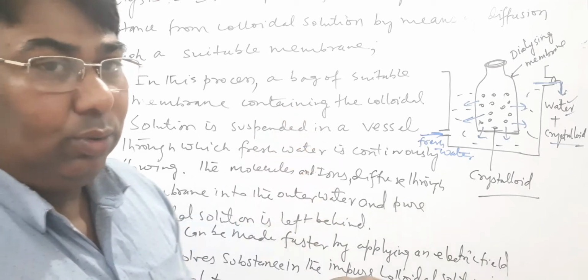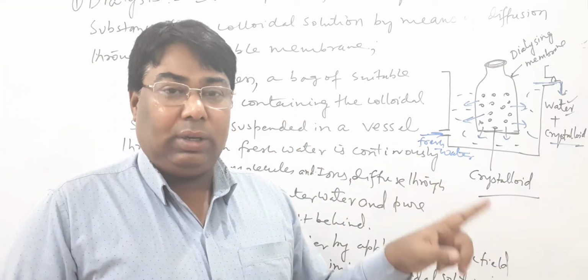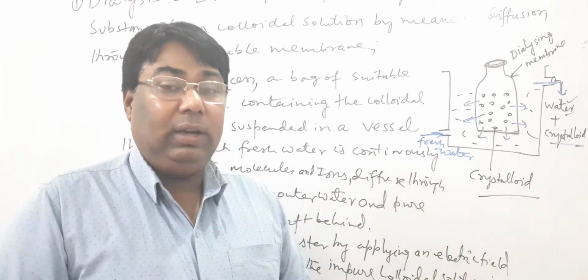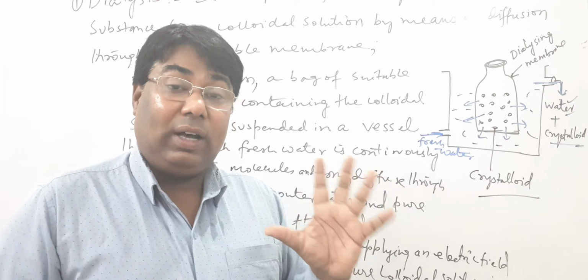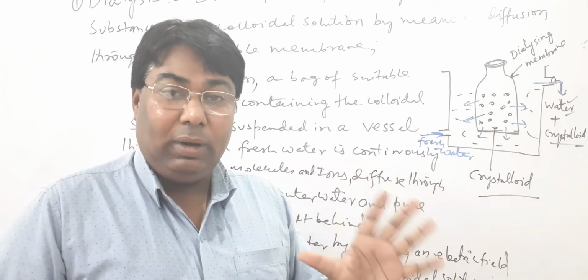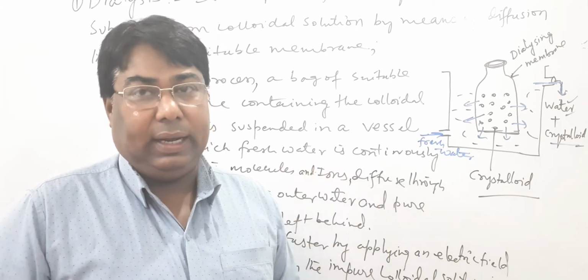This process is known as dialysis, and when the dialysis process is carried out by applying the electric field, it is said to be electrodialysis, and electrodialysis is faster than the normal dialysis process. Hoping that all of you understand.